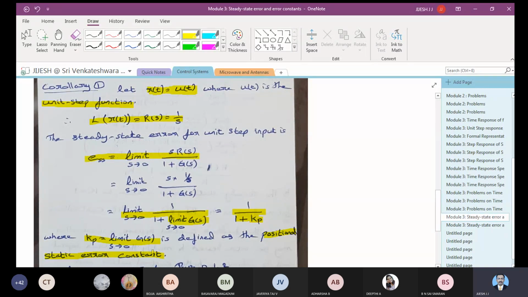We have to do this for type 0, type 1 and type 2 systems, so we'll continue this further for the steady state error and error constants.